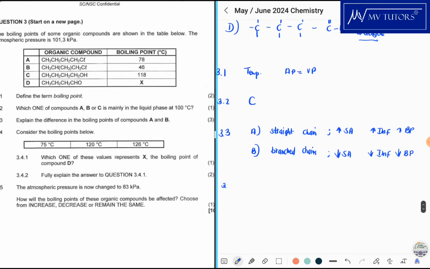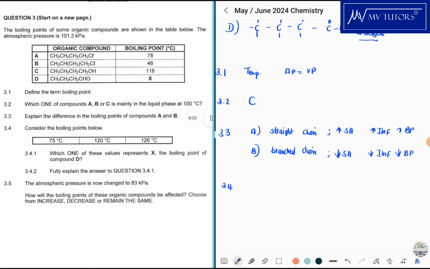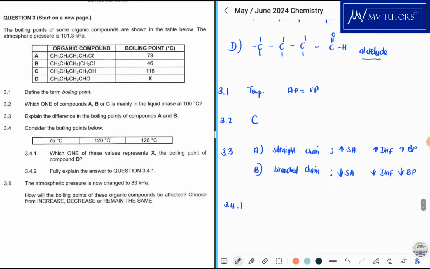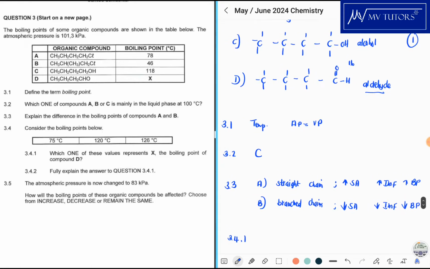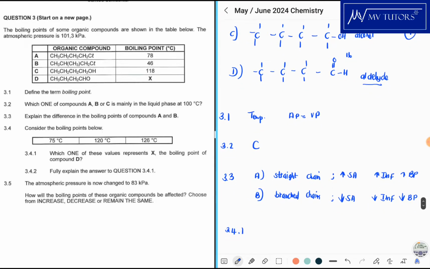And then 3.4, it says consider the boiling points below. So we have 75, 120, 126. 3.4.1, which one of these values represents X, the boiling point of compound D? Remember, compound D is the aldehyde. And we said number 1 is alcohol because of the OH group, hydrogen bonding.